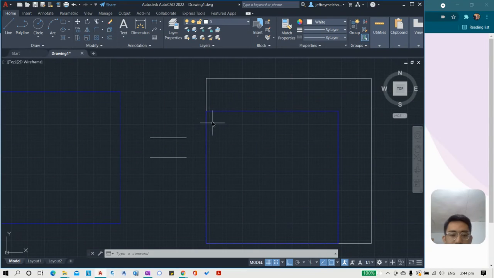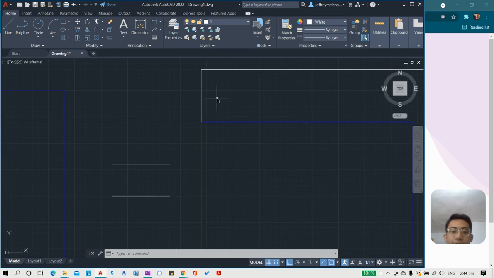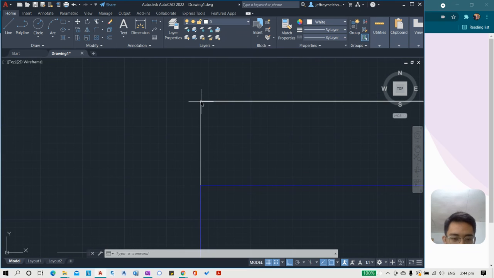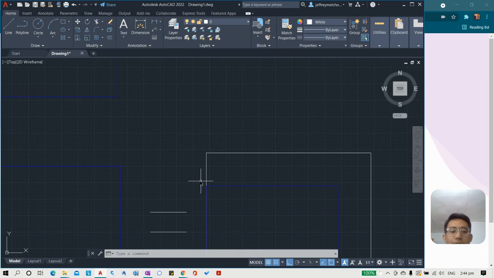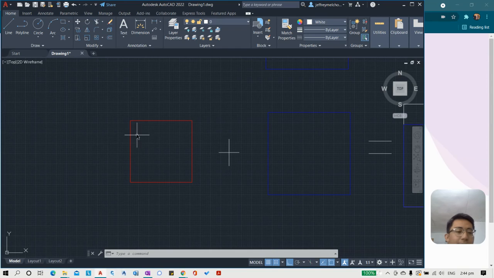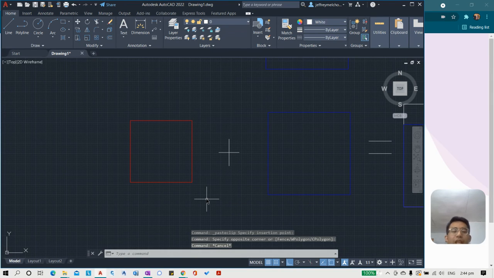So actually, this blue square has a side of 400 millimeters, and this entire square has a side of 500 millimeters. This means this side from this point to this point is 100 millimeters. So let's divide this small square into equal squares with a side of 100 millimeters.